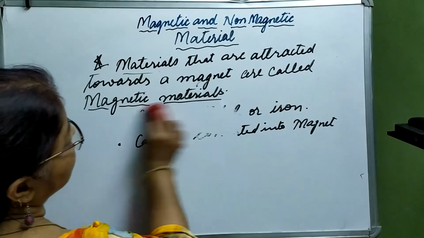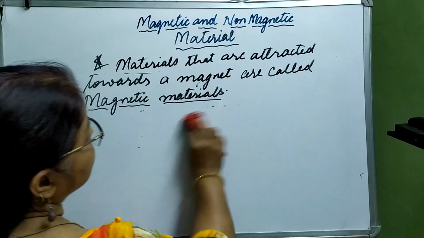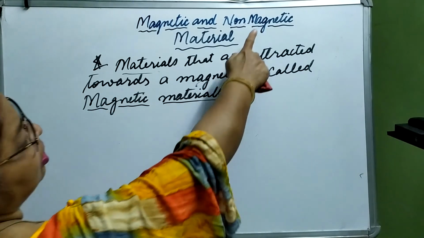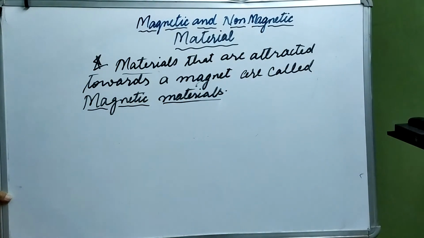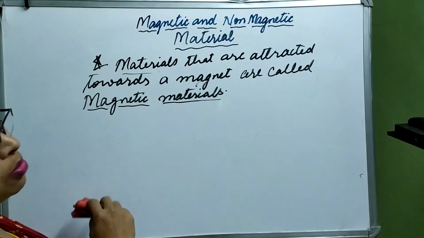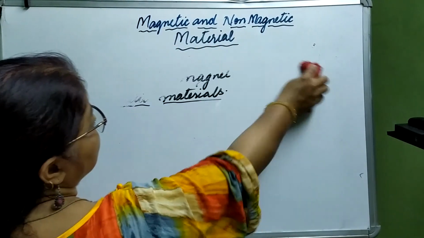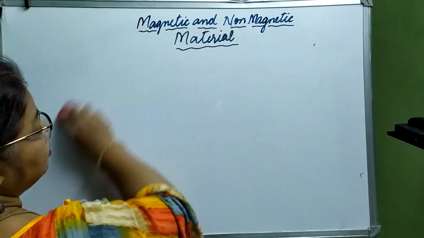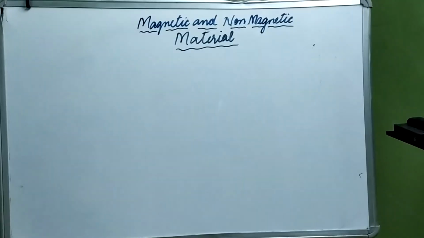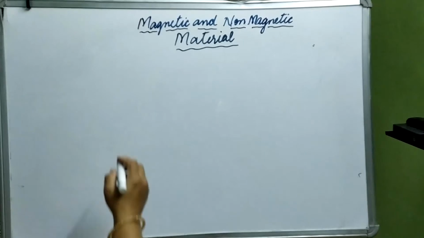Now we will learn about another type, that is non-magnetic material. So what are non-magnetic materials? Let us see. As the name gives you a hint, these materials cannot be attracted towards a magnet.